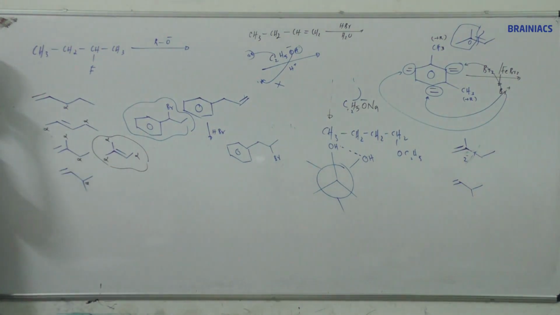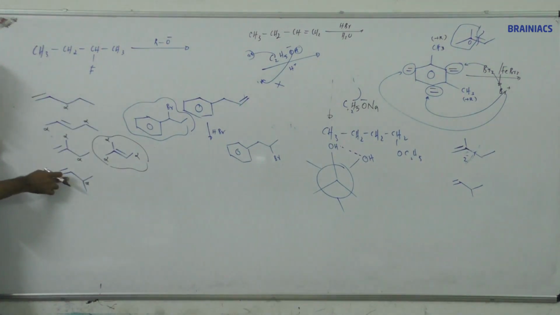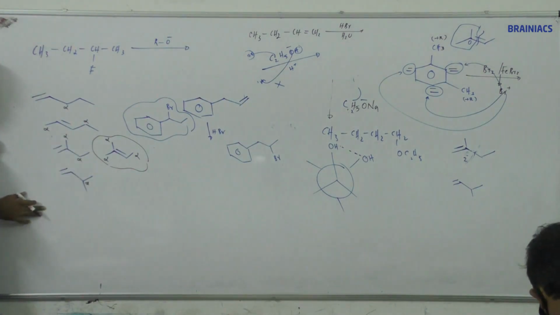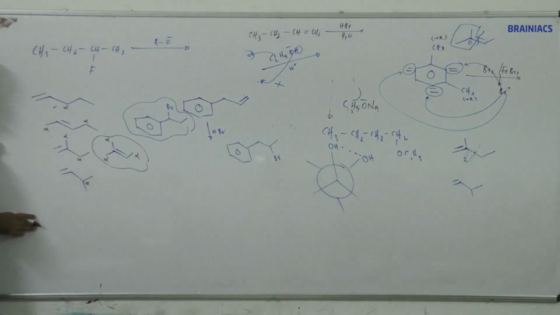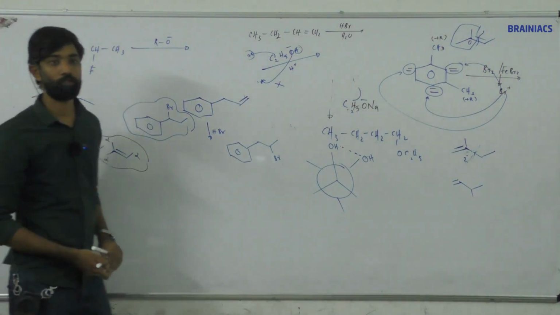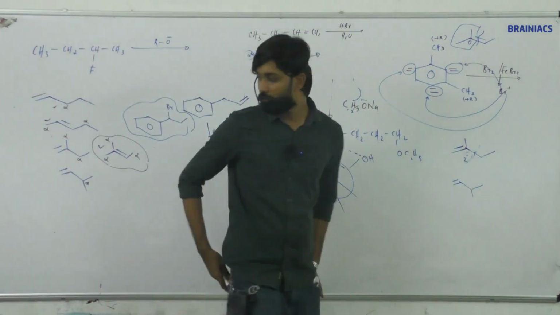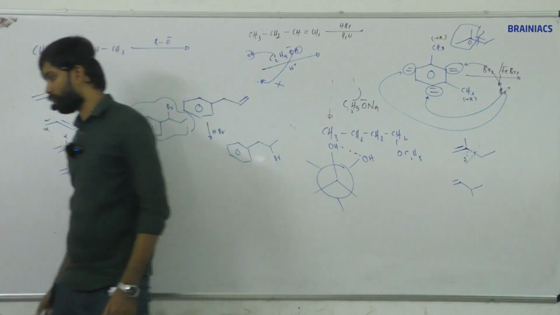So first of all, you have to draw all the possibilities in pentene, then only you can think. Monosubstitution is okay. Disubstitution is okay. Tri is also possible. So all the choices will be the answer. So hydrocarbon is over.